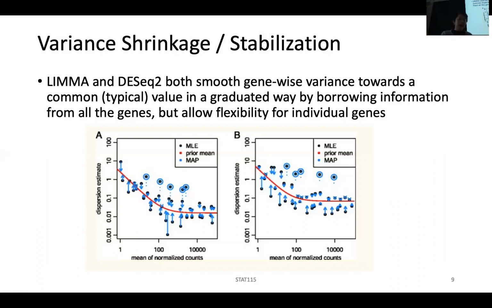The level of correction depends on a few different things. One is the actual expression level, because you can see here, depending on the expression level, your correction is different. Also, how much is this gene varying between the different samples in this experiment? And third is, how many replicates do you really have to estimate this variance?